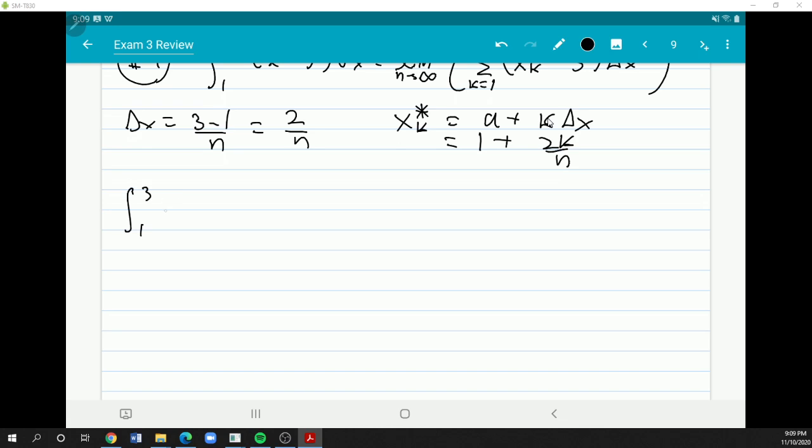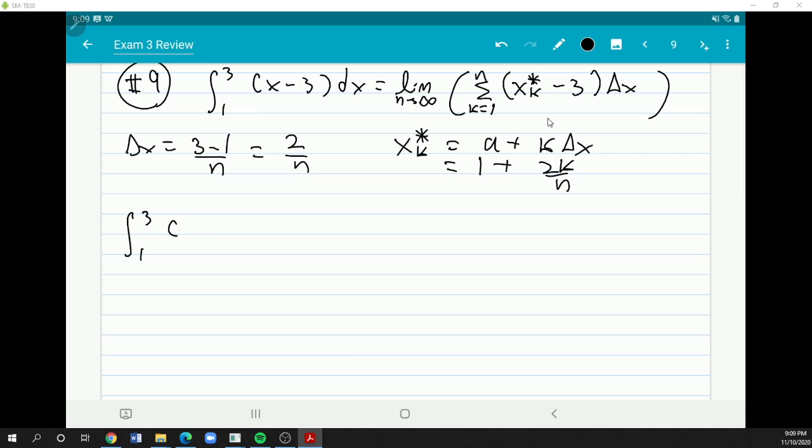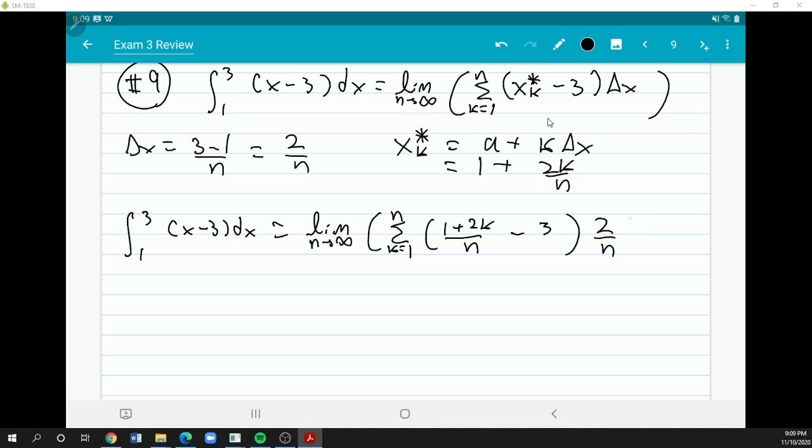The integral from 1 to 3 of x minus 3 dx is equal to the limit as n goes to infinity of the sum from k equals 1 to n of xk star, which we just wrote, 1 plus 2k over n, minus 3, times delta x, which is just 2 over n.